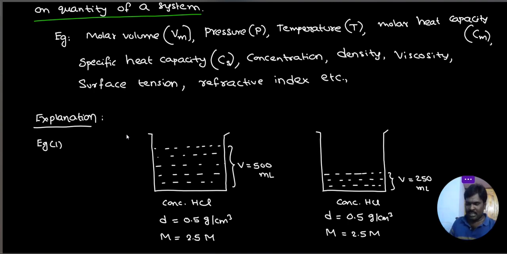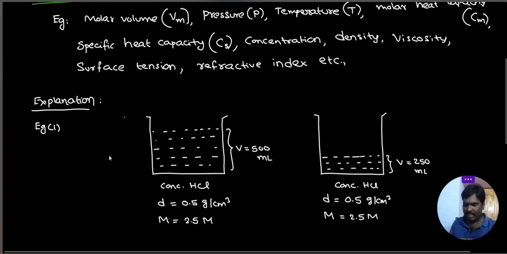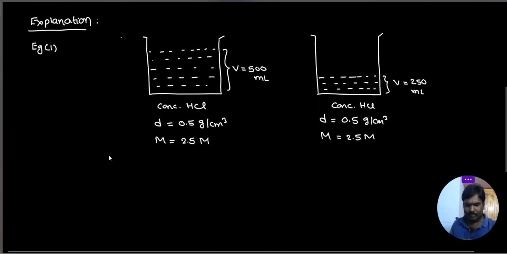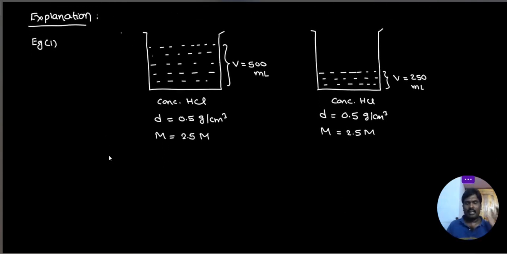Now from this example we can understand one thing. Here volume depending on quantity of system. So volume is extensive property. Density, concentration, they are not changing. They are not depending on quantity of system. Understood? So they are intensive properties.